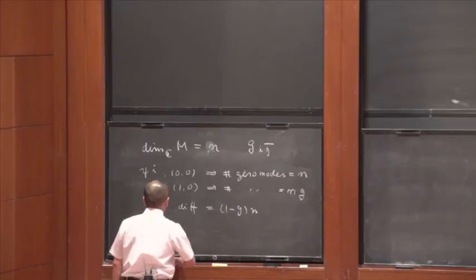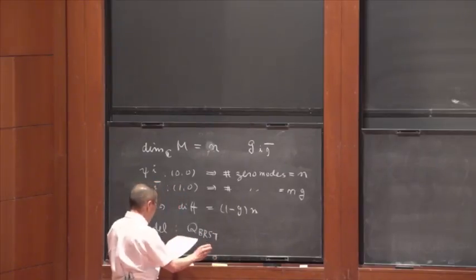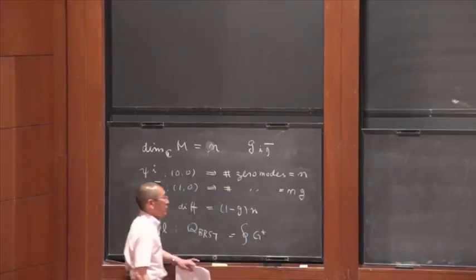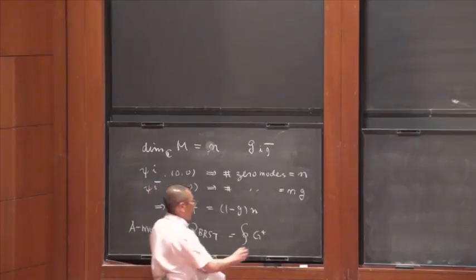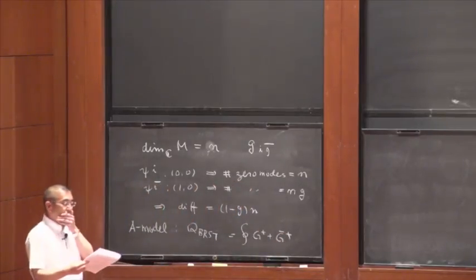For now, so that the BRST charge that I introduced yesterday takes the form of integral of G plus the left moving supercharge and the right moving supercharge like this.